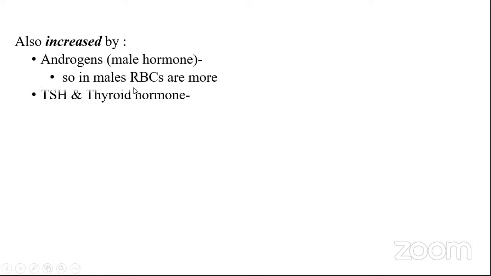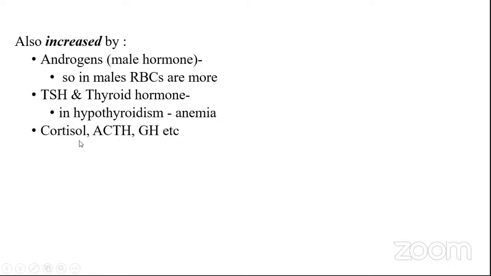Also, remember, these are other questions which are frequently asked. Erythropoietin levels are increased by androgens, male hormones, so in males you can expect a higher number of RBCs when compared to females. TSH and thyroid hormone also have an effect on erythropoiesis, that is erythropoietin release. So in case of hypothyroidism, you can expect anemia, because this hormone also regulates erythropoietin.